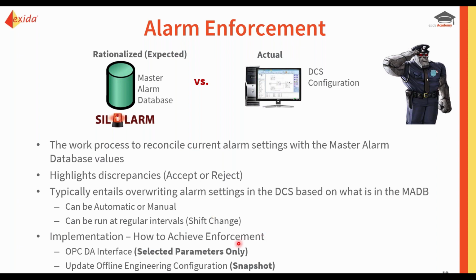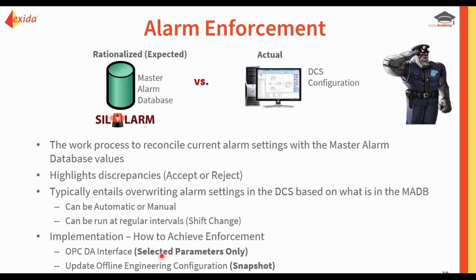So now, when it comes to enforcement, there are two main ways to implement that. The first is by using an OPC interface, an OPC data access interface. This will read and write to the online system, the running system.